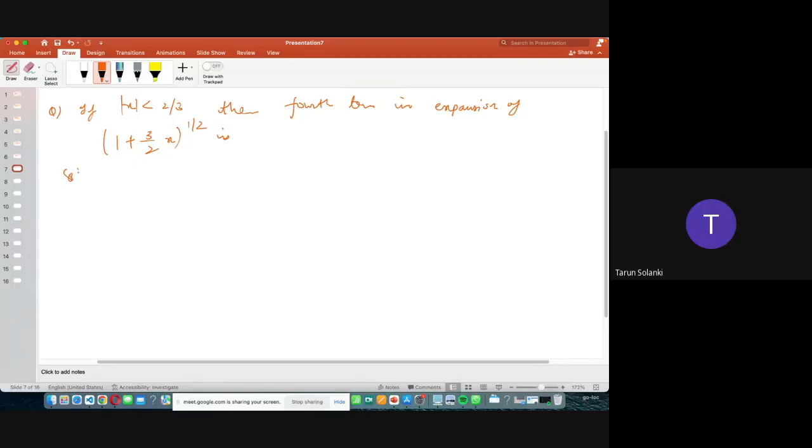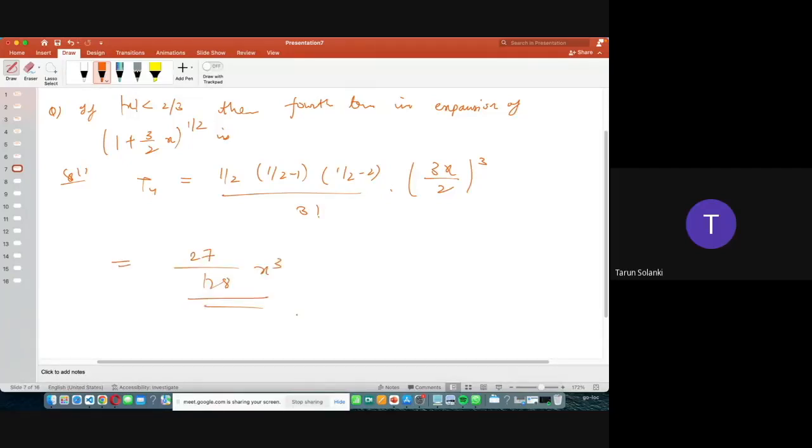Let's solve. So t4 is half times (half minus 1) times (half minus 2), divided by 3 factorial, multiplied by (3x by 2) whole cube. That becomes 27 by 128 x cube. So this is your answer.